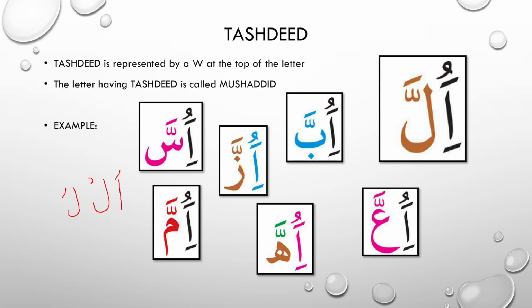So we pronounce it as Allah. These two Lams are combined together, and then we put a Tashdeed and Zabar. So this is basically two Lams. That's why we are going to emphasize while reciting this. Allah. Because it has two letters in it.